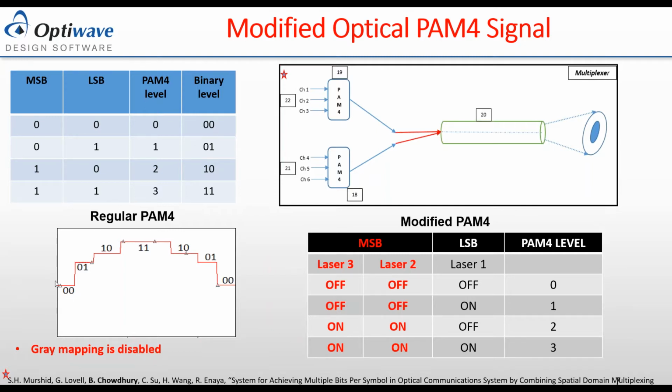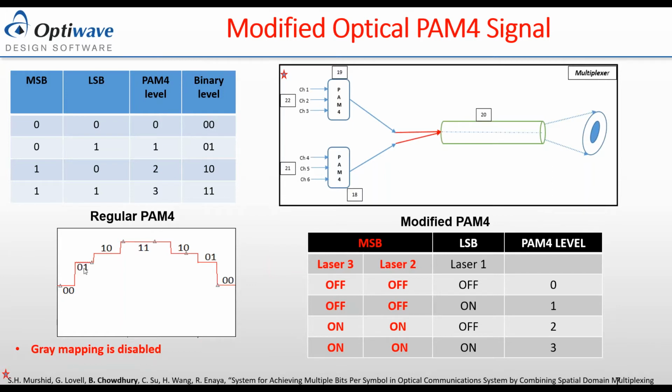When only the least significant bit is on, and the most significant bit is off, I'll get a 0, 1. That is shown by the 0, 1 level on the regular PAM4 signal. And again, as mentioned earlier, we have disabled gray mapping over here.